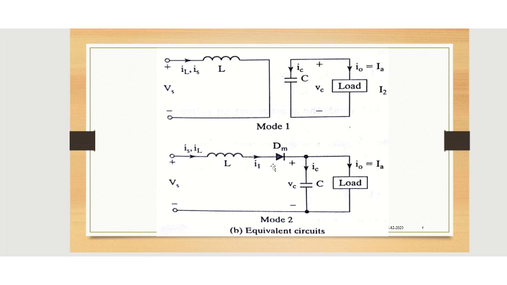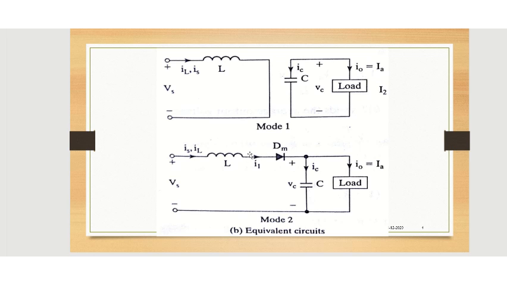And in mode 2, that is when the switching device is turned off, we know that it acts as an open circuit. That is when the inductor which has stored the energy will be dissipating the energy via the diode, the capacitor and the load. Because of the property of the inductor, the voltage will be reversing here.